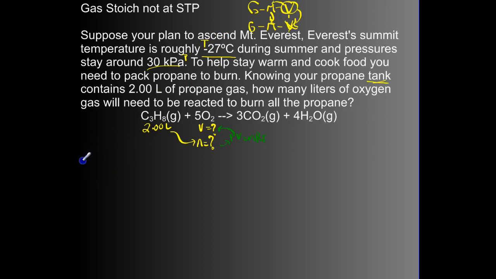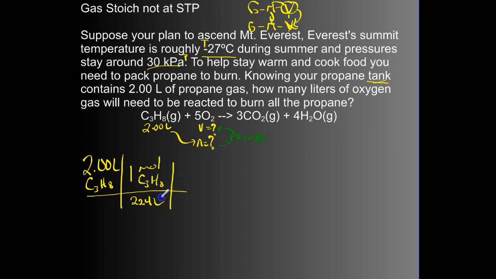So I'm setting up 2 liters of my propane, C3H8, and I need to convert that to moles of propane, where remember 22.4 liters is equal to 1 mole of propane, C3H8. Liters cancel. I'm now in moles.